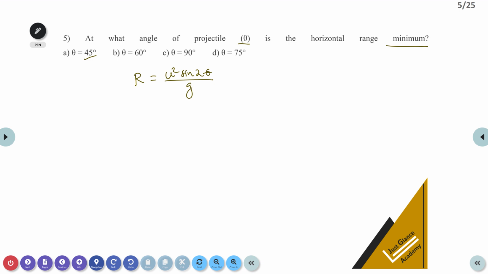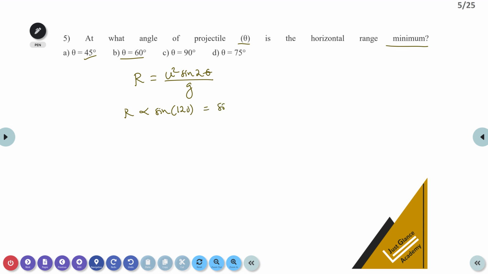For 45 degrees, we know the range is maximum. What about for sin 60? R is directly proportional to sin of 120.